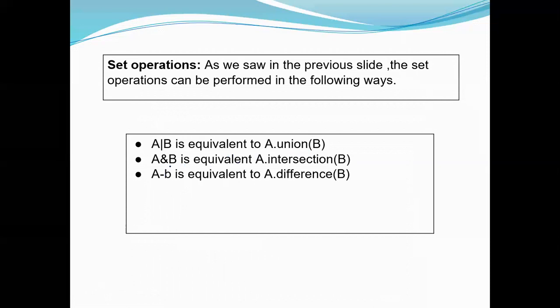A ampersand B, that is intersection, can also be represented as A dot intersection of B, and the result will be stored in A. A minus B is equivalent to A dot difference of B. Likewise, we have equivalent methods available for the similar operator functions of sets.